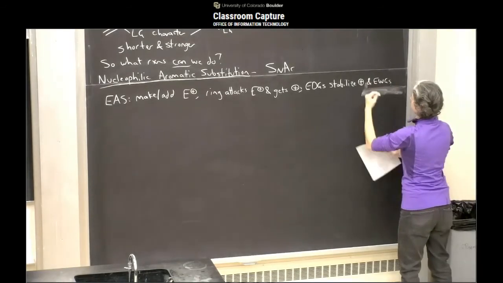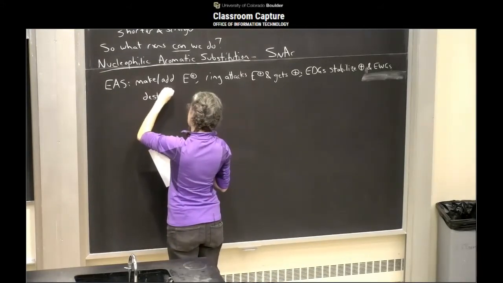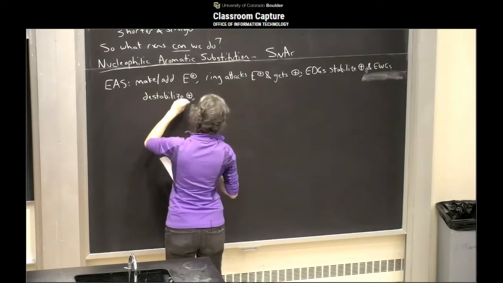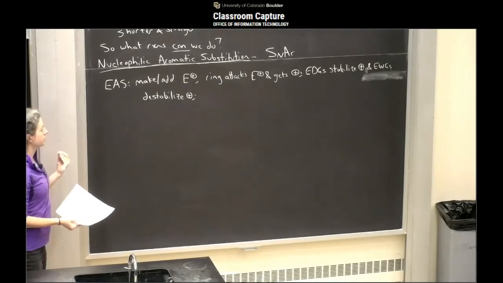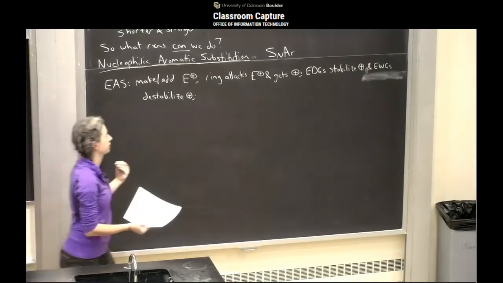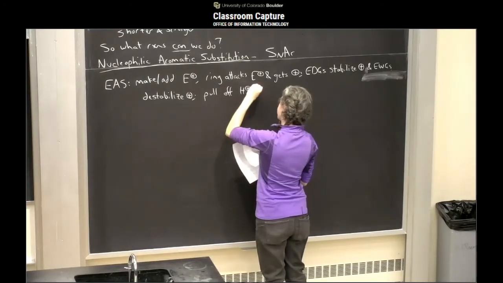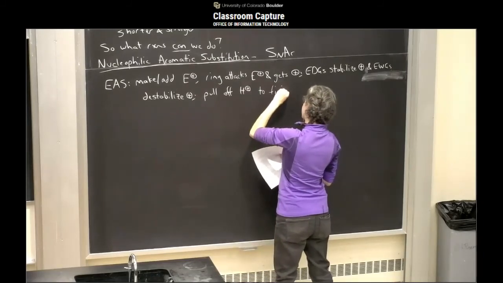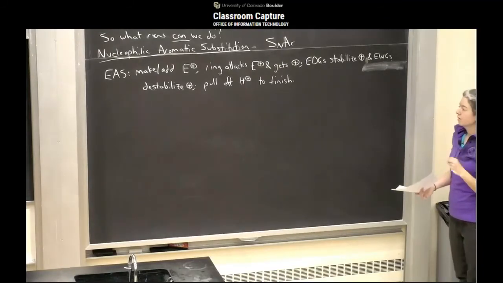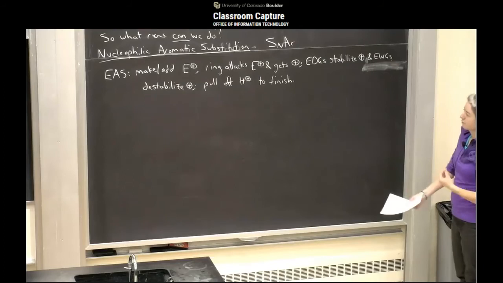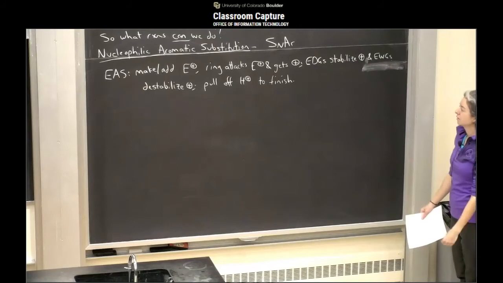Actually, I'm going to wrap around because there's one more part that I need to add here. Okay, and then once we're done with that intermediate, the way that we finish the reaction is we pull a proton off of the ring. So pretty much everything in electrophilic aromatic substitution is dealing with a positive charge that comes in from somewhere, we have to manage that positive charge during the reaction, and then we kick it off with a proton at the end.